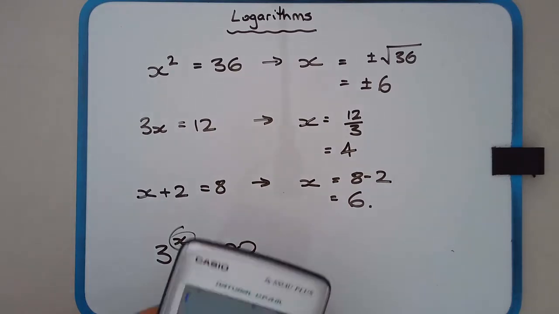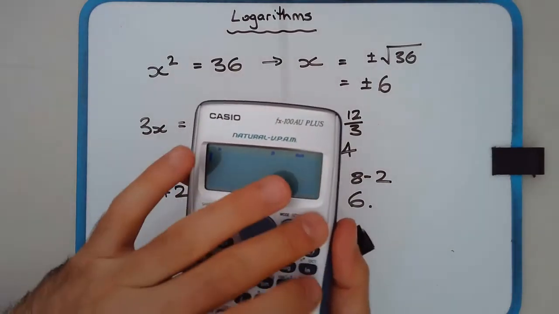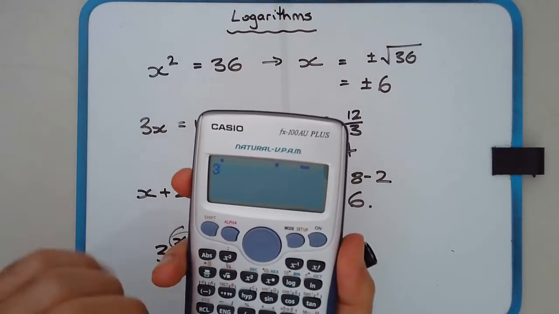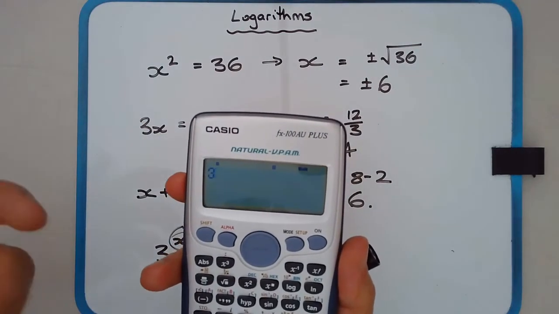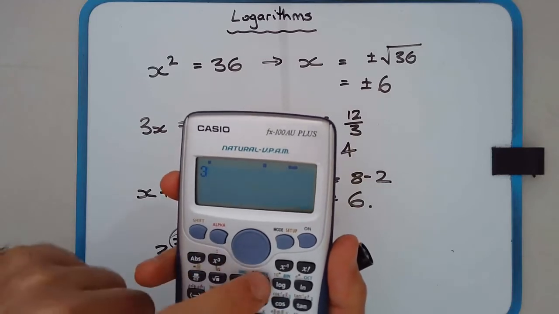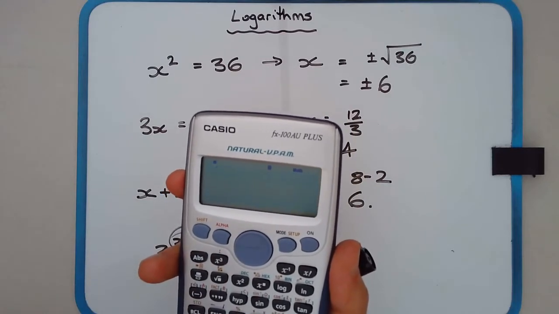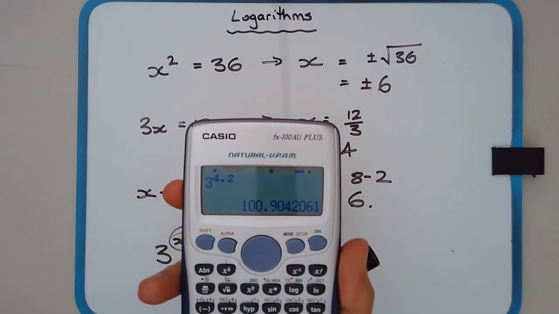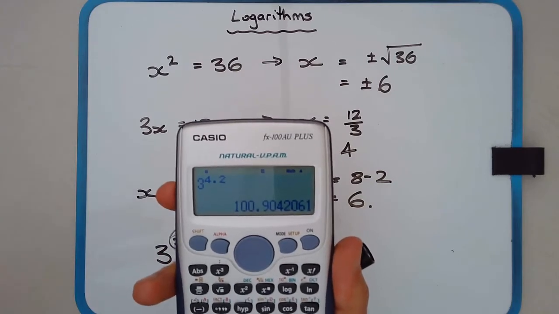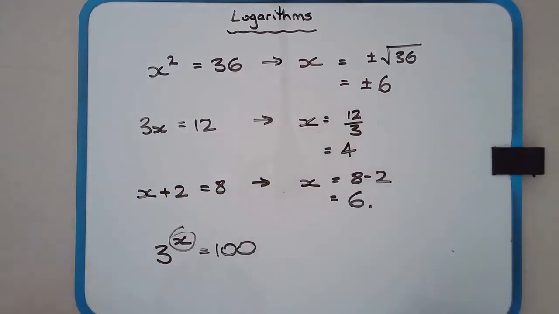At the moment you can try some guess and check methods if you want. 3 to the power of 4 is 81, so it'll probably be 3 to the power of maybe 4.2. Now I get 100.9, but it's not exact. But could we solve this equation so that we get a fairly precise answer?